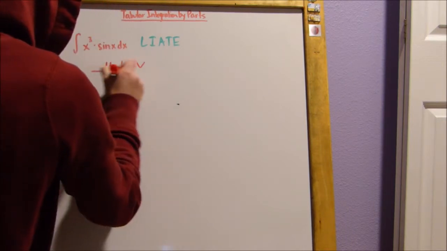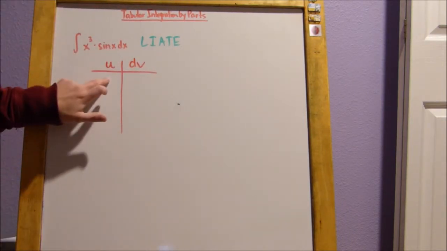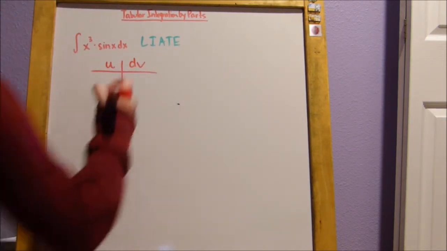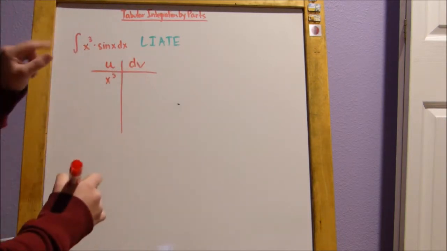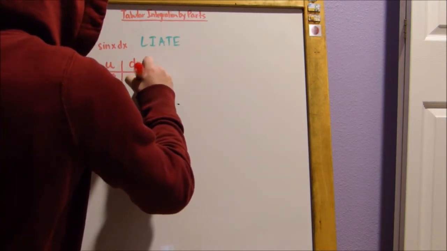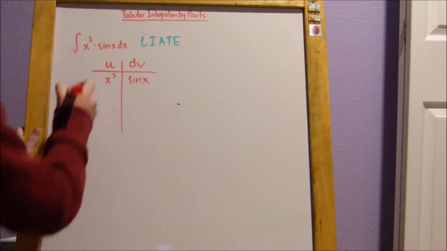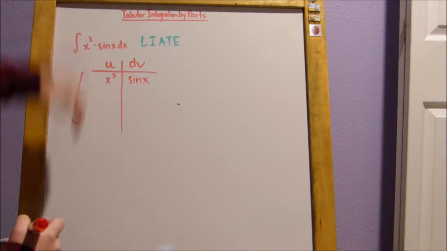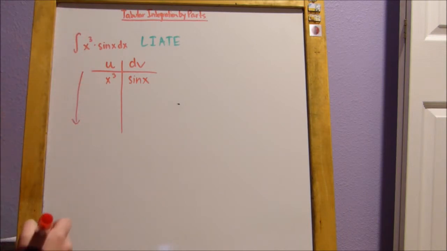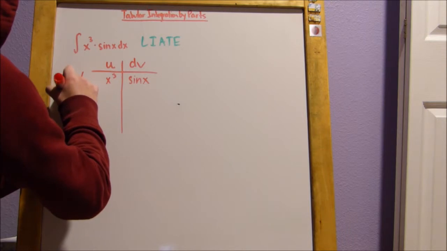Right? Okay. So we start off with u, which we've already determined is x cubed, and our dv, which is sine of x. Now here, you don't have to include the dx, okay? So as you go down this table, you're going to keep taking the derivative until it reaches 0, and that's when you stop. So it's going to be derivative.